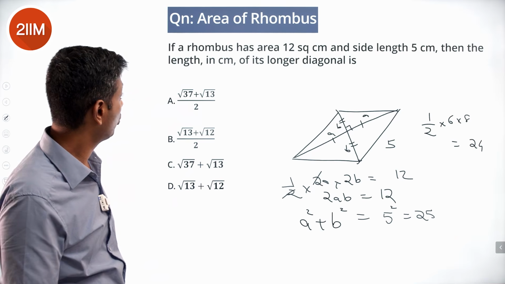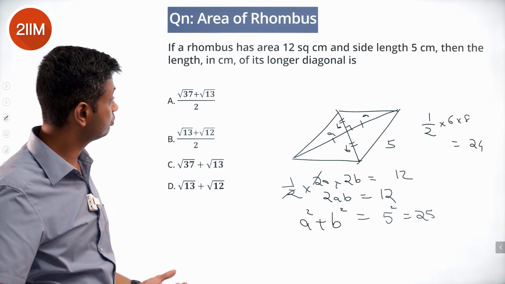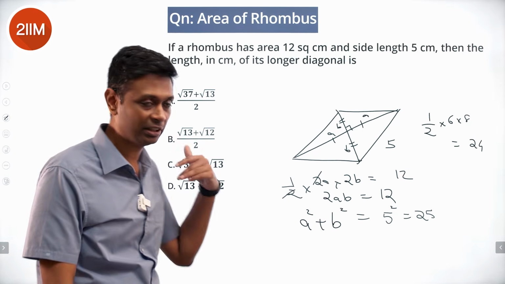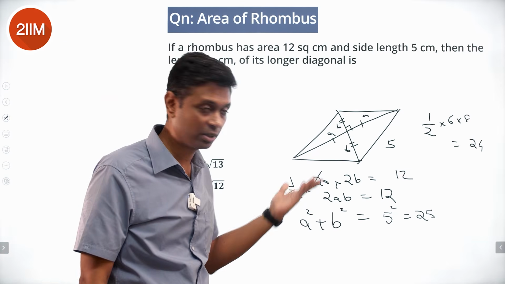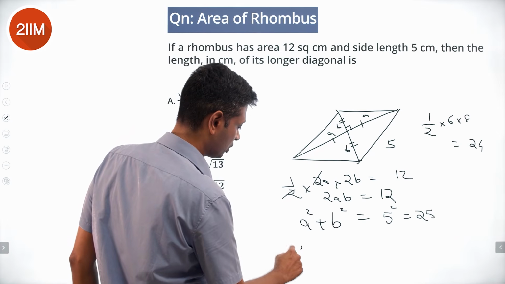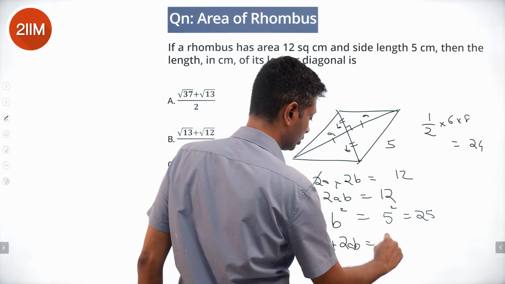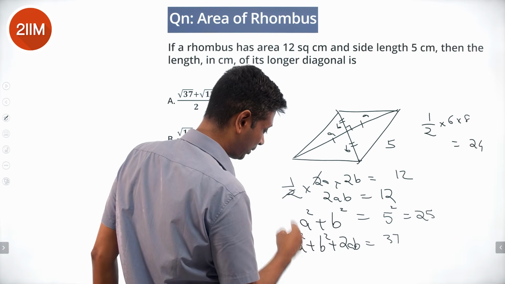Nice. We want to find the longer diagonal. We need to find A or B. And so luckily we have A square plus B square and 2AB. Add these two. A square plus B square plus 2AB is 37. Subtract one from the other.